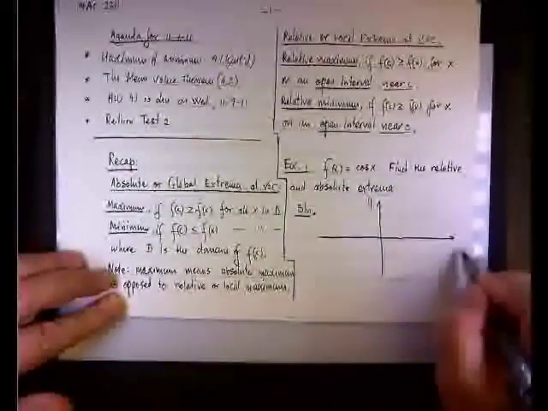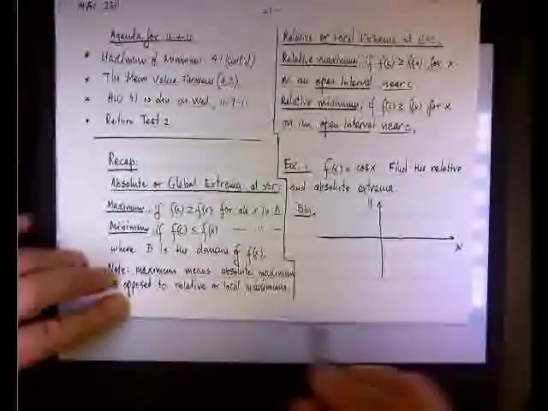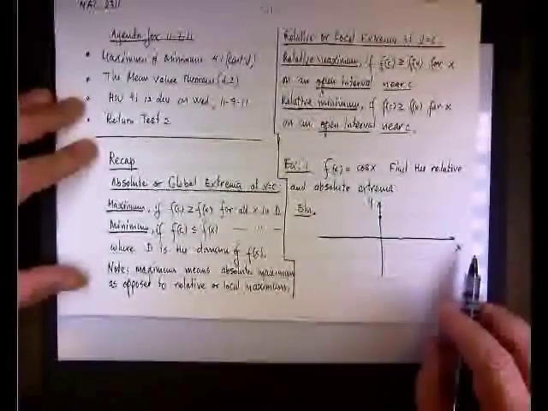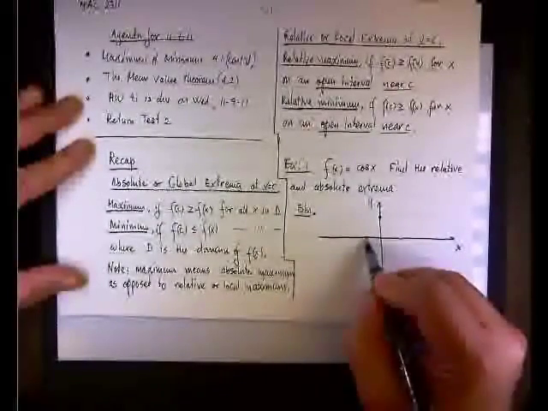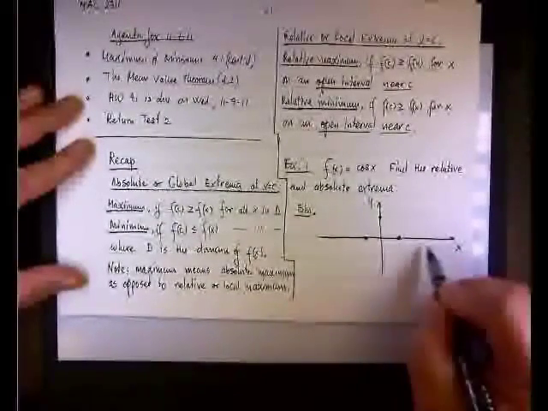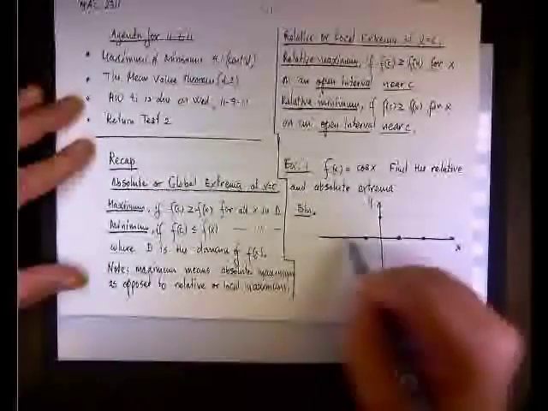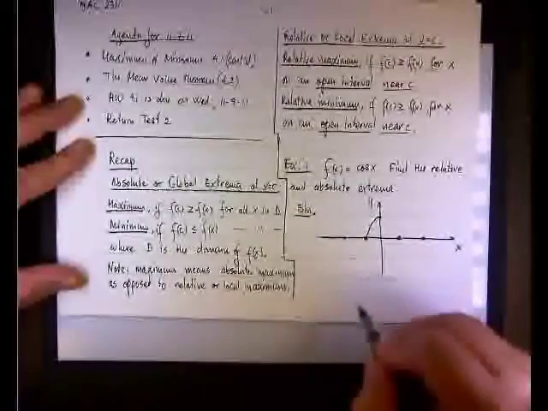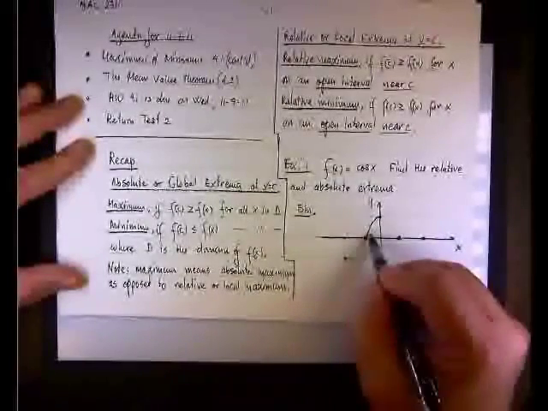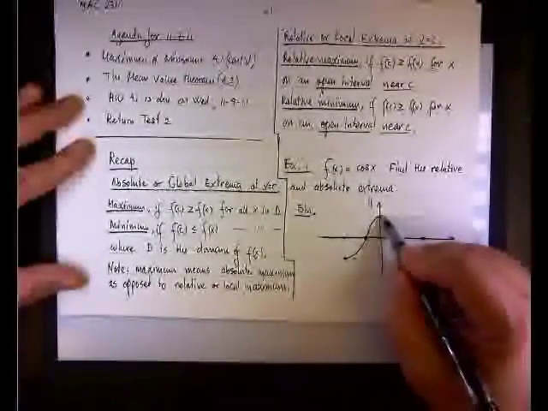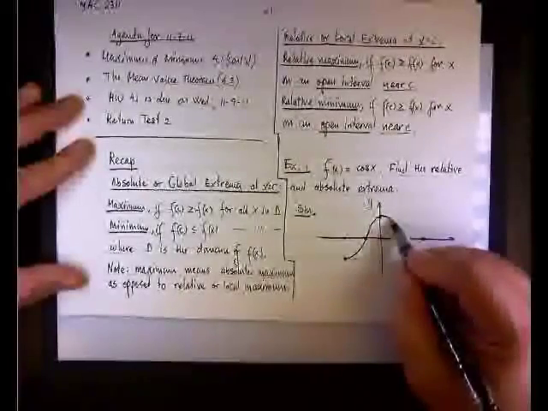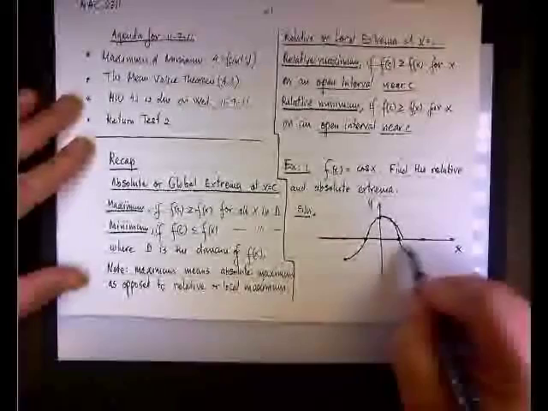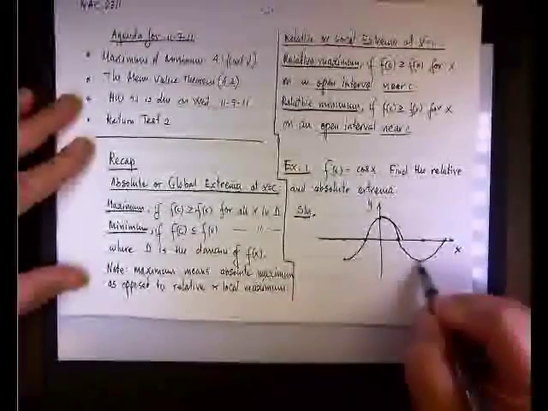So if this is y and this is x, we know that at x equals 0, cosine of 0 equals 1. At x equals pi over 2 or negative pi over 2, the function equals 0. At x equals negative pi, or at x equals positive pi, oops, I missed that, the cosine equals negative 1, and so on.